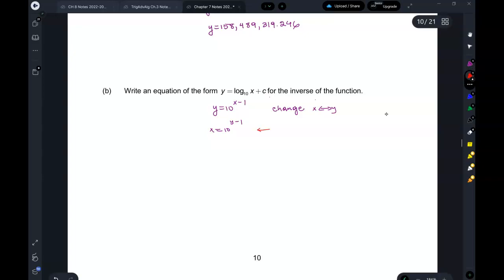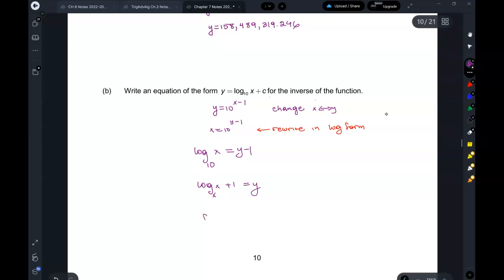So what you want to do now is rewrite in logarithmic form. Where is the exponent here? Y minus 1, correct? What's the base? 10. So this is going to be log base 10 of x equals the exponent. A logarithm always equals the exponent. But now what are we going to solve for? Y. So log base 10 of x plus 1 equals y.